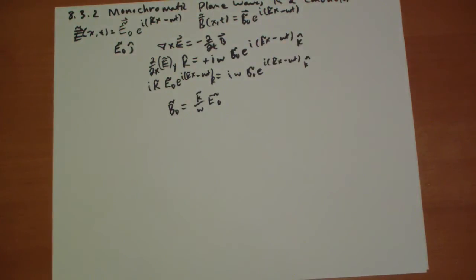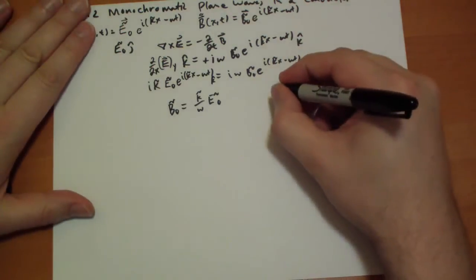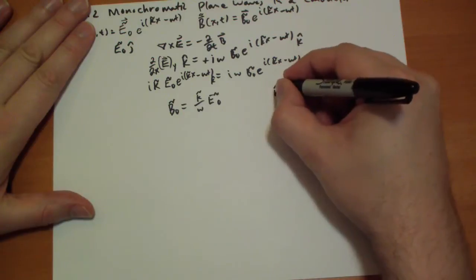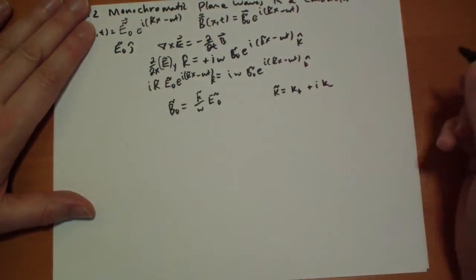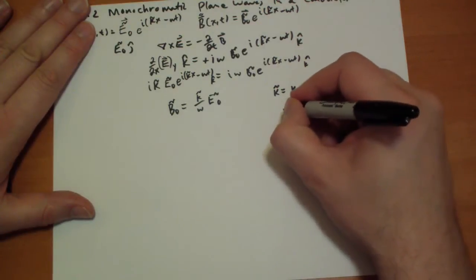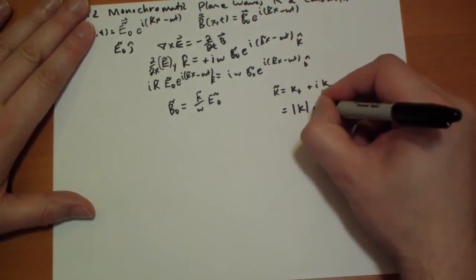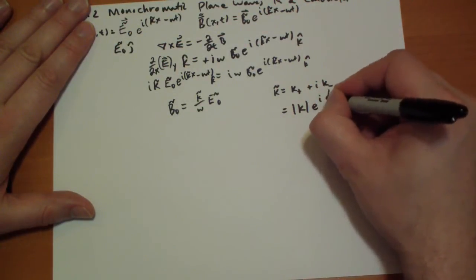Now, this doesn't tell you much right away, but if we do a sidebar where we say, let's suppose that our kappa, which we already know is kappa plus i kappa minus, let's rewrite it this way. It's also equal to the magnitude of kappa times e to the i phi.